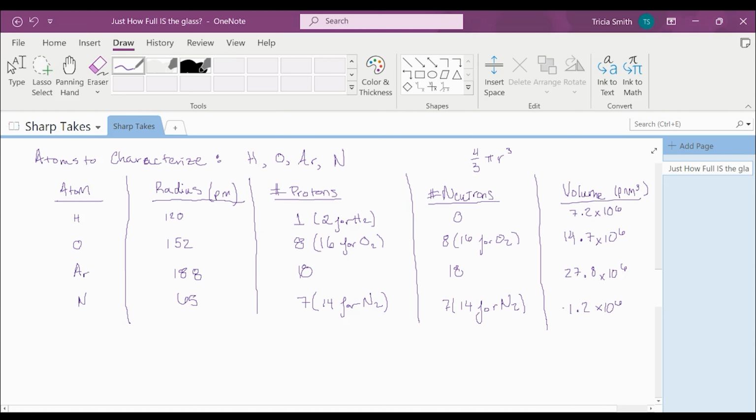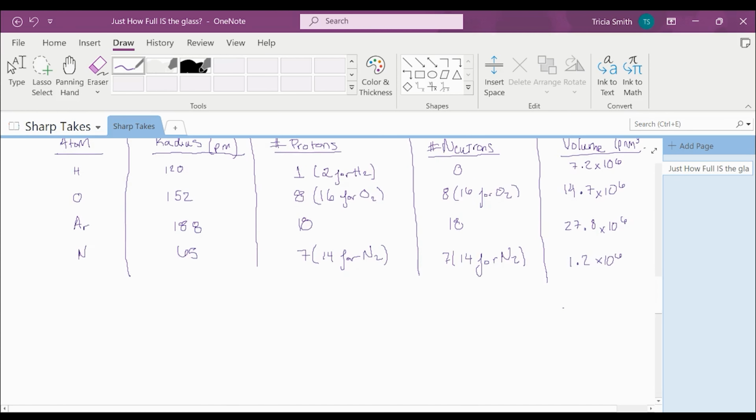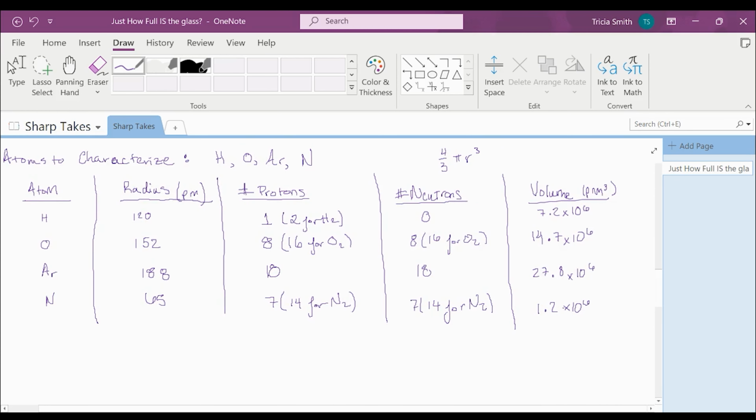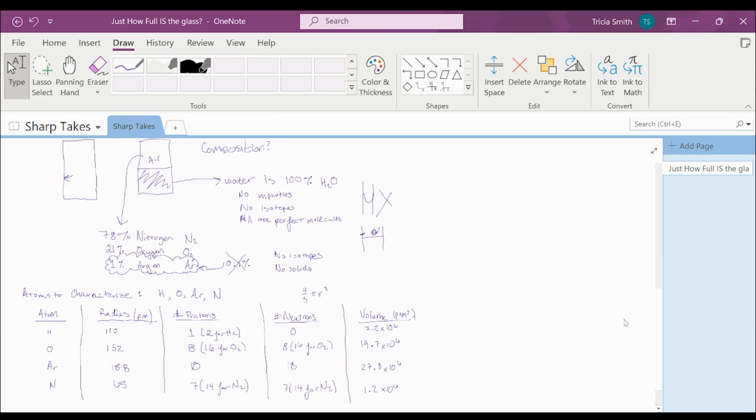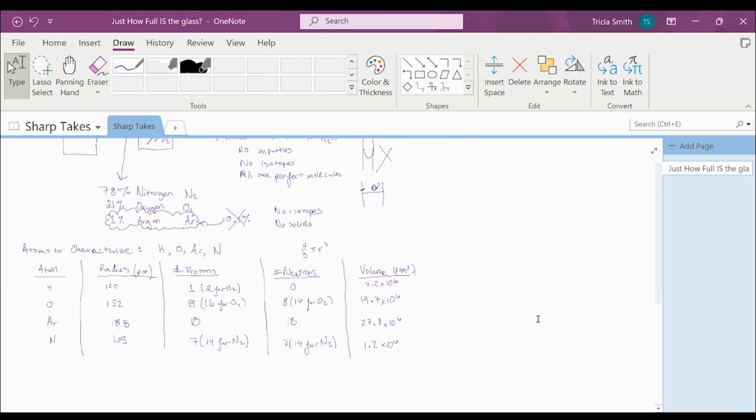Now, let's consider the empty volumes of each of these. So, we have the volume here, but that is based off of the radius. Let's now see what's actually inside.